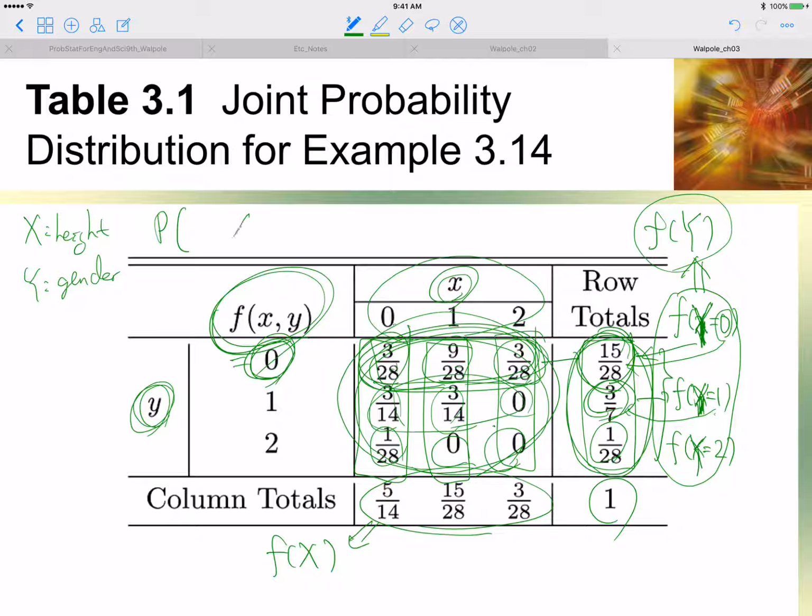Height is between 170 and 175, and also y should be maybe female. So altogether we can consider the probability of this joint event of height being in this region, and also gender being female.